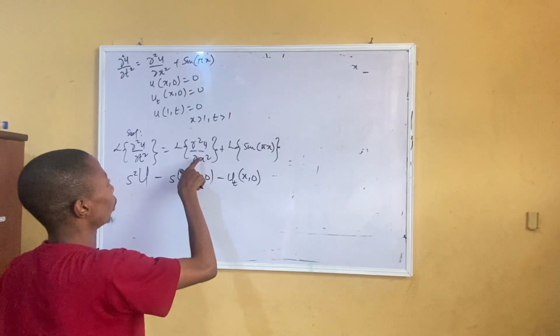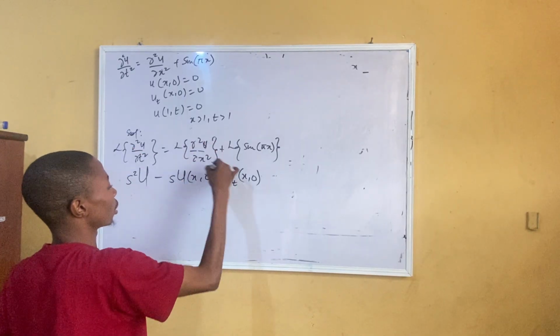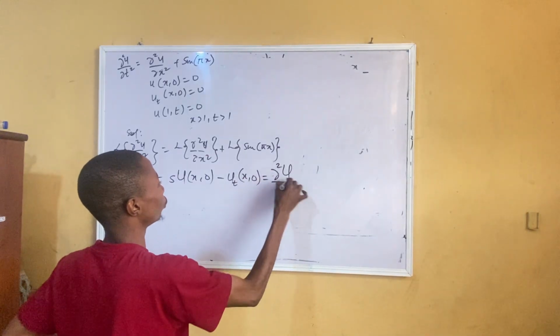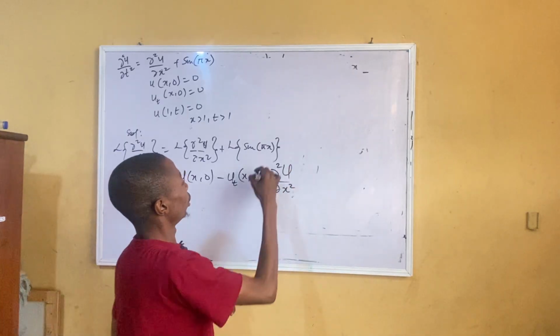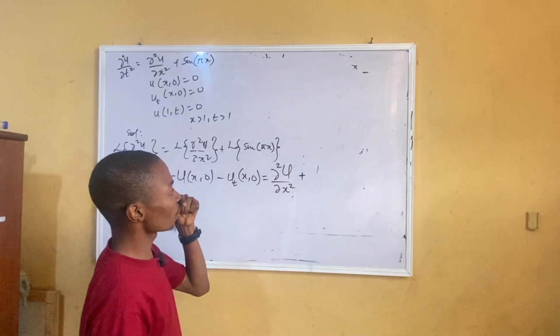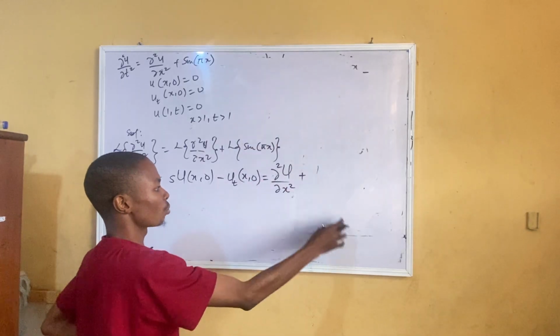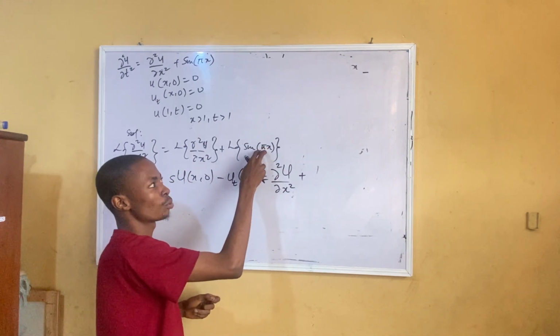Now, what about the Laplace transform of the space part? Let's say this one is d squared big U dx squared, so this U is the unknown. Plus, now what is the Laplace transform of sine pi x? We are using time, so this function of x will be constant.